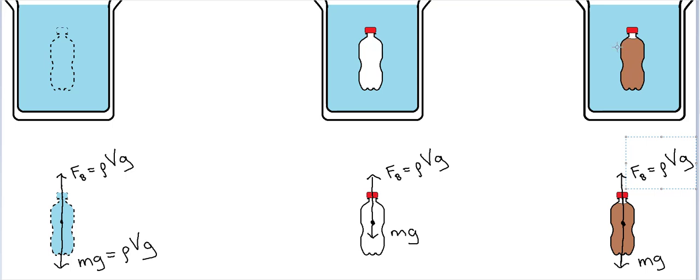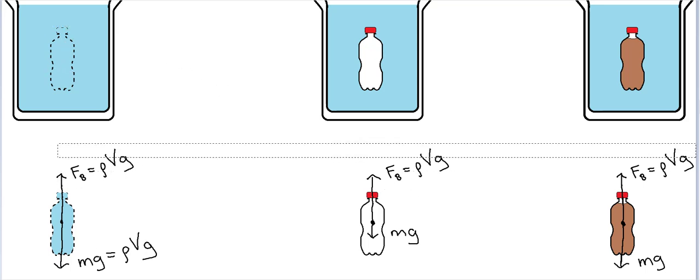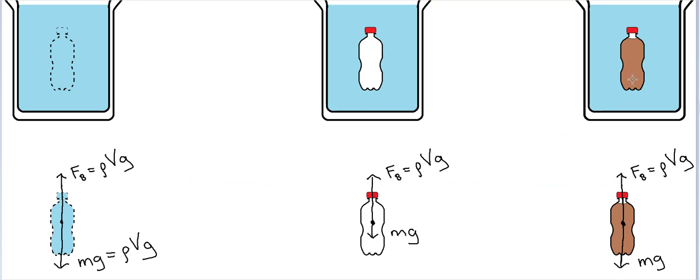Right? If it turns out that the weight of this plastic bottle plus the weight of that air in that little enclosed space plus the weight of this soda is exactly equal to the weight of the volume of water defined by this dashed line, because notice that the buoyant force is the same in all three cases, then this soda bottle won't go anywhere.